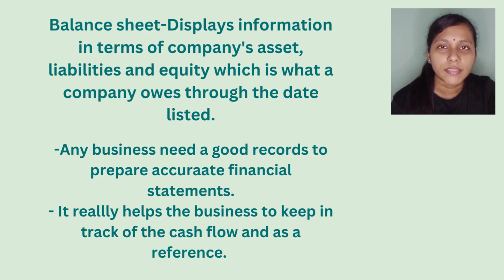All these are the most important materials in accounting records, which play a huge role because any business needs good accounting records to prepare accurate financial statements, and it really helps a business keep track of the cash flow as a reference to make targets in future for healthy business growth and consistency in financial statements. Thank you.